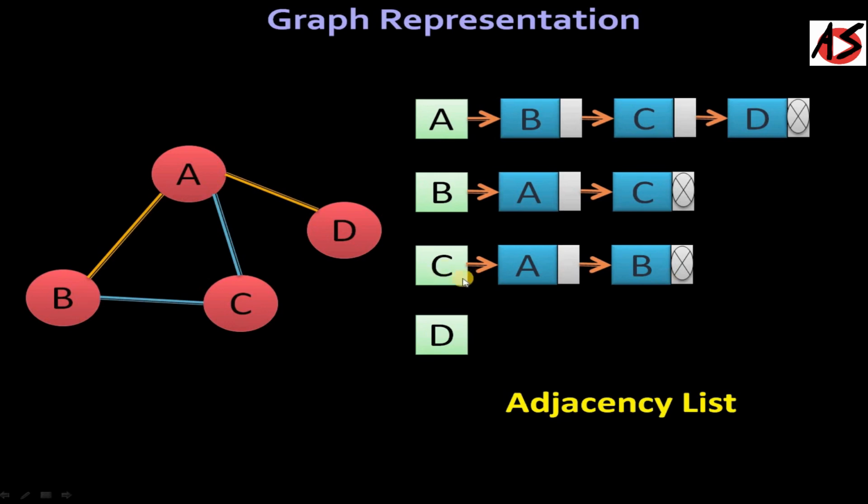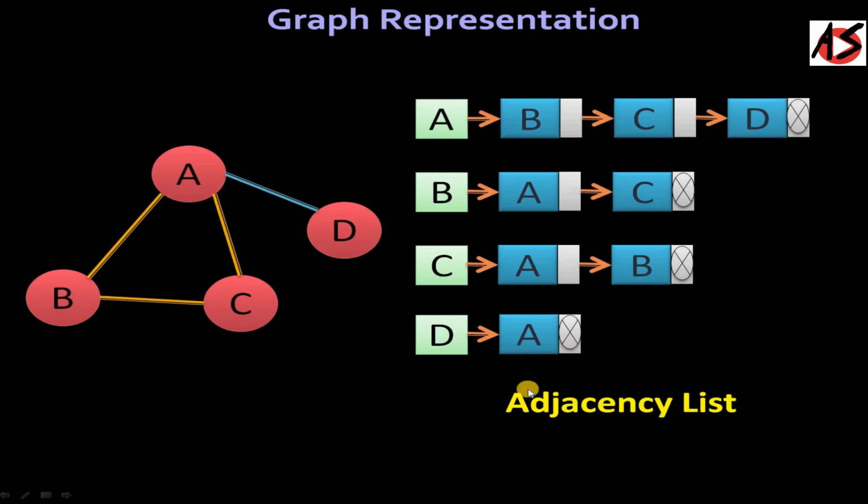The C pointer is connected to the A node, it's also connected to B, and at last you have a null. Now for the D pointer, D is connected with A only. So you will take one node and then null.